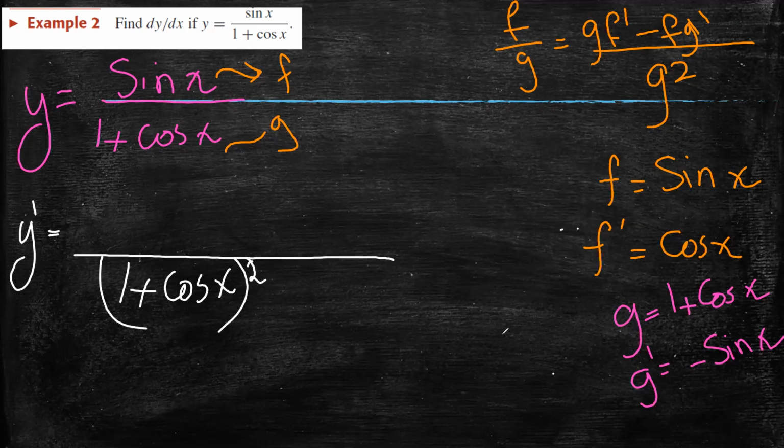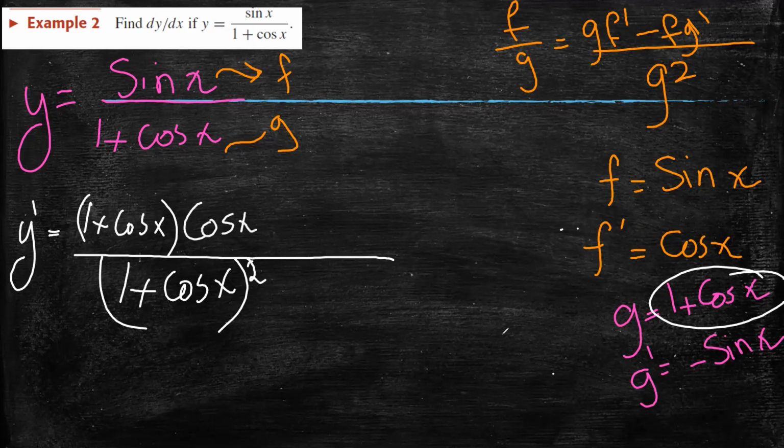Then g, which is 1 plus cosine x, times f prime, cosine x, minus f, which is sine x, times g prime, which is negative sine x.